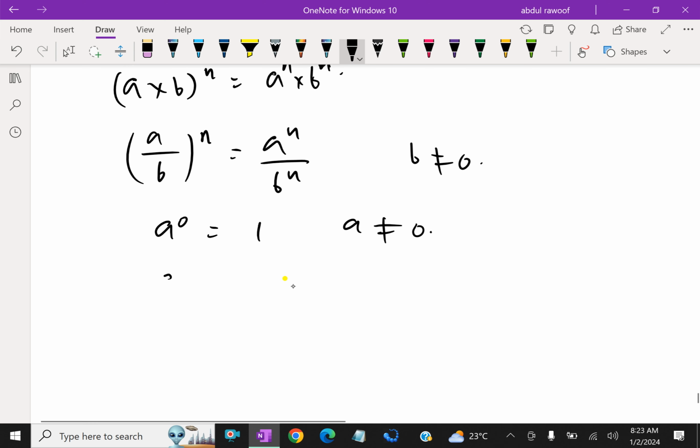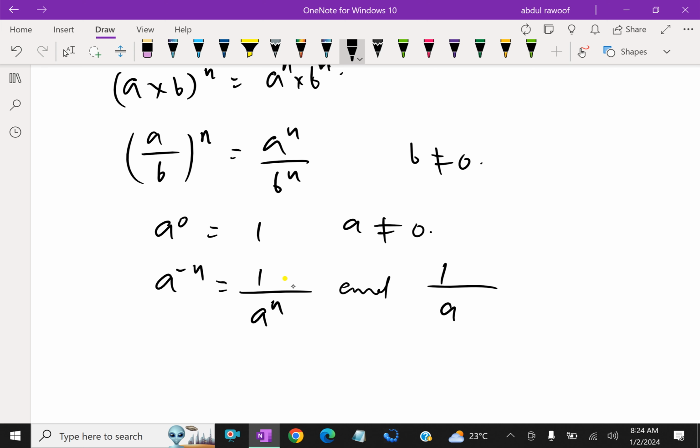Then next, a power negative n is equal to 1 over a power positive n. And 1 over a power negative n is nothing but a power n. Next is a power minus 1, which is always equal to 1 over a, where a is not equal to 0.